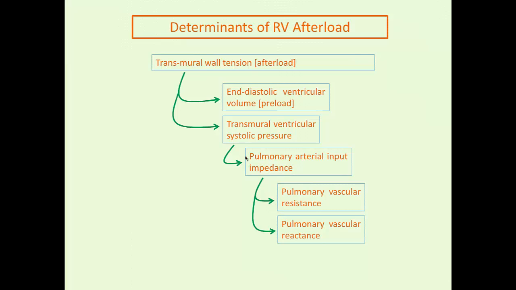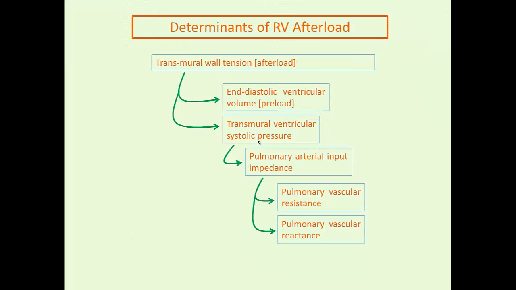So if there's a very high impedance to flow in the pulmonary arterial circuit as a result of increased vascular resistance or vascular reactance, then the pressure when the RV ejects into the pulmonary artery will increase dramatically, and the tension across the RV wall will increase.